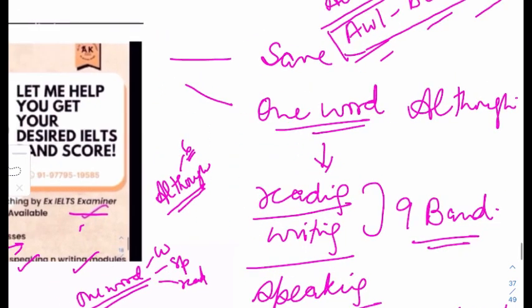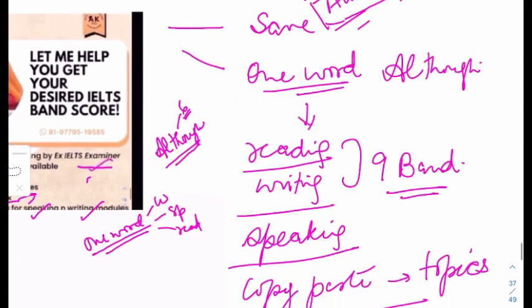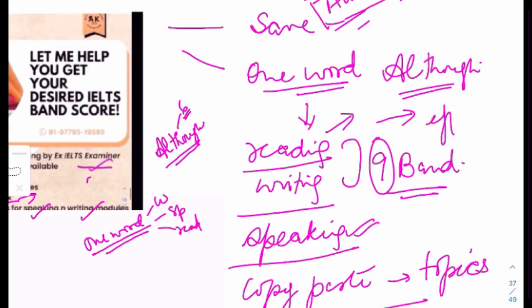Now, that is one word, although, that I have written here. And of course your speaking also is going to be a 9 band, because although everybody is speaking, no, and in reading sometimes you do not understand the meaning of the word albeit and what effect it has on the rest of the sentence.